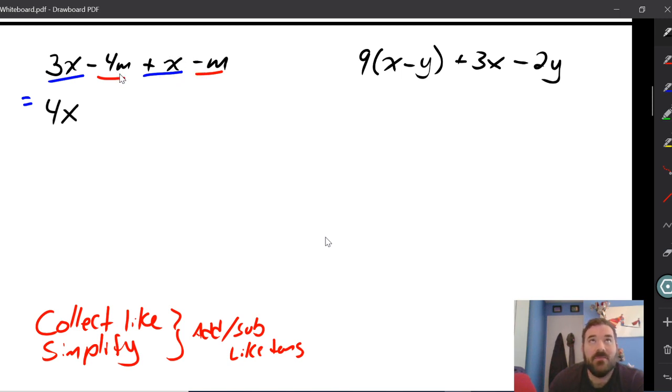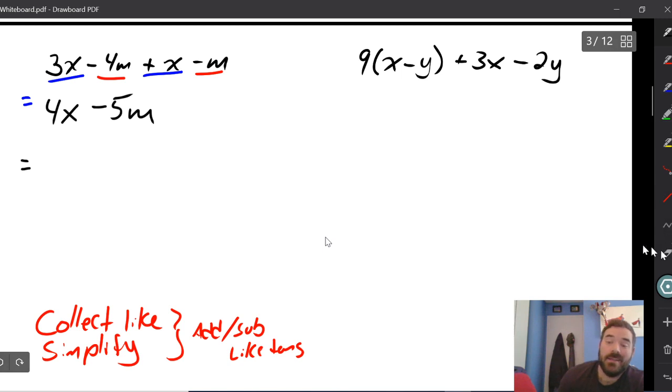So if I had negative 4 m's and I'm taking another m away, that's going to be negative 5 m's. I would love to go even further, but I can't subtract 4x and 5m because they are unlike terms. And if they're not like terms, there's nothing I can do. So the expression stays right there, and my answer is 4x minus 5m.